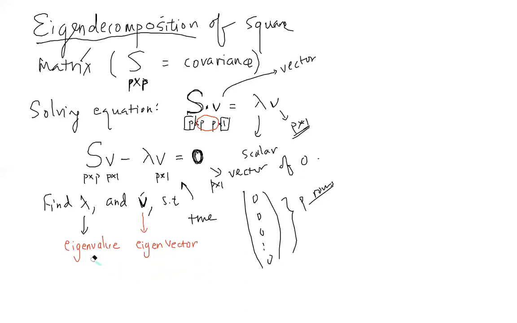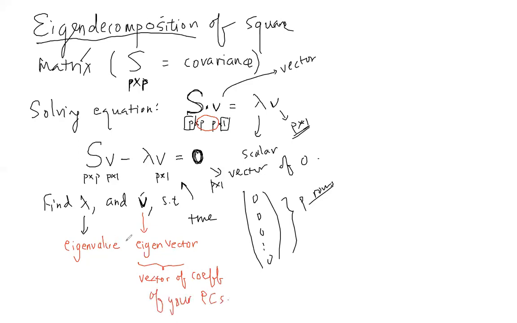So in principal component analysis, your rotation is actually given by this eigenvector. This eigenvector will give you the vector of coefficients of your principal components.